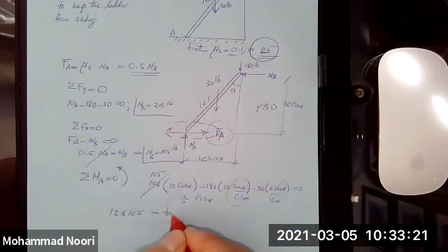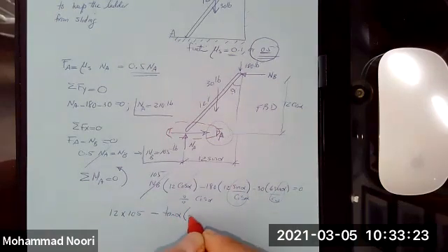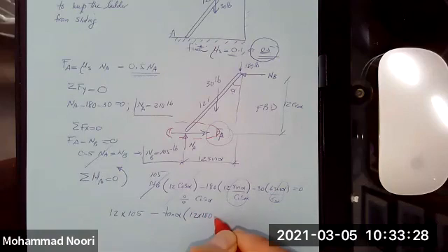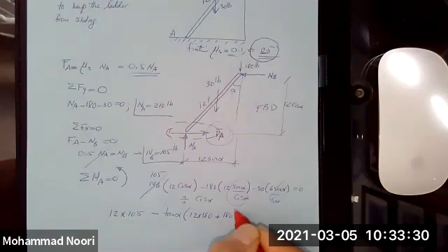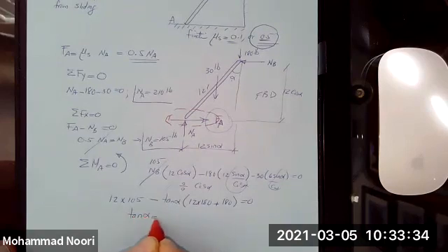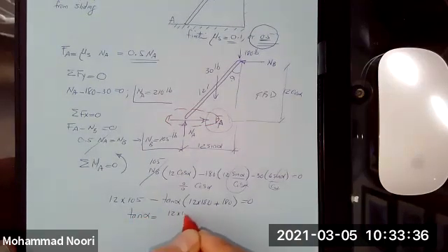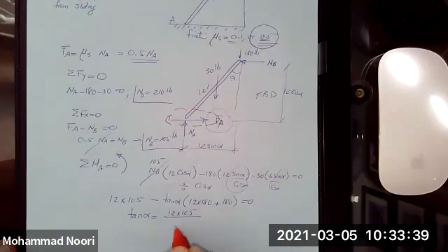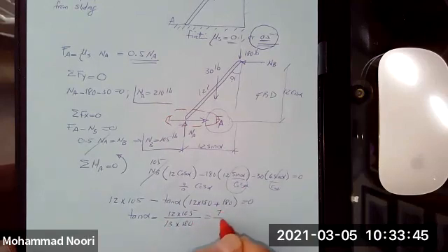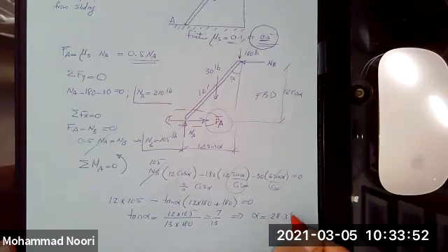So minus tangent alpha times 12 times 180 plus 180 is equal to 0. Tangent alpha comes out to be 12 times 105 divided by 13 times 180, which becomes 7 over 13, and you get alpha is equal to 28.3.